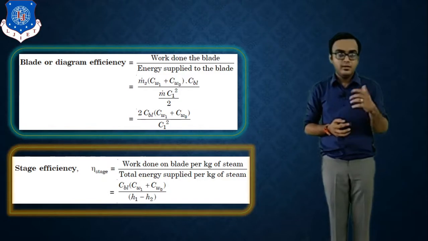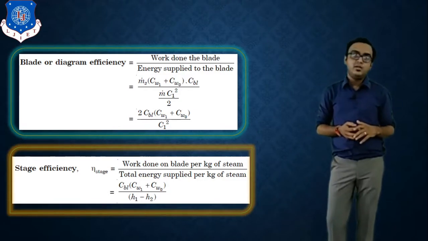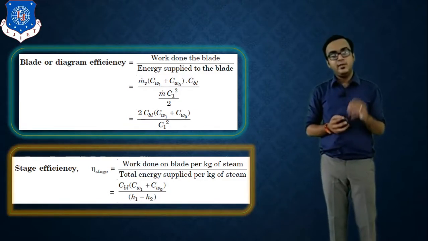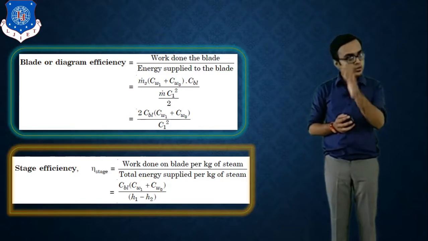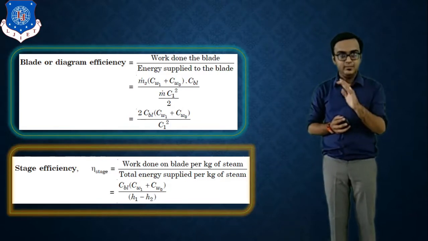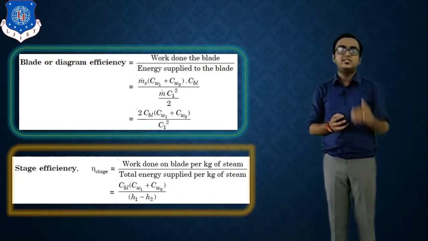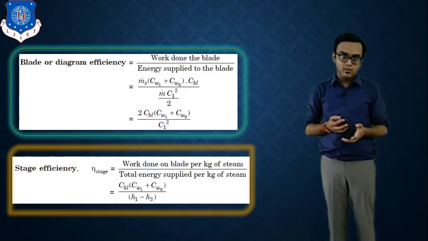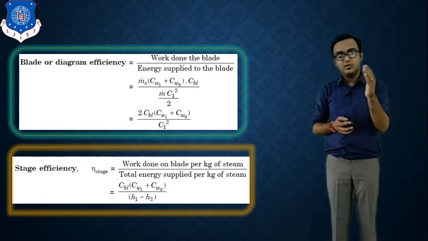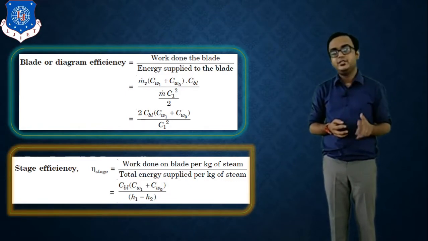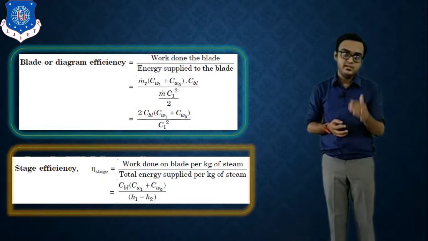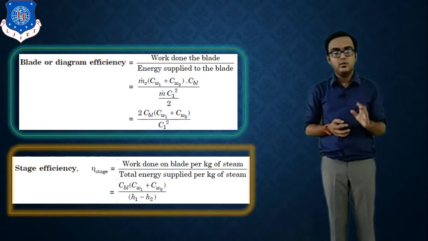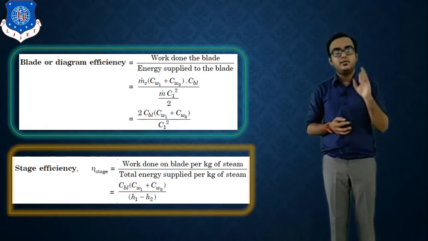So work done is Cbl multiplied by (Cw1 plus Cwo), divided by energy supplied per kg of steam flow, that is nothing but the enthalpy difference across the turbine blade, which is H1 minus H2. So this equation indicates the stage efficiency.